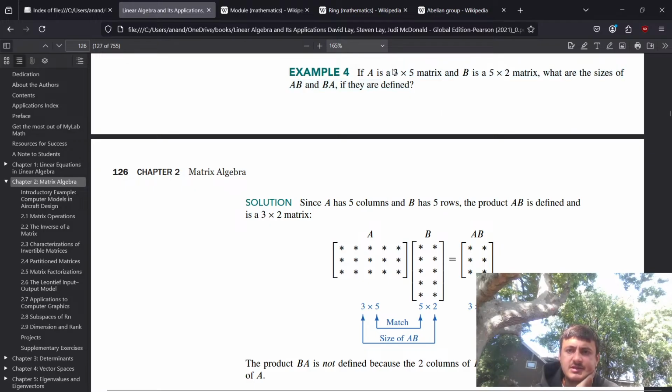Okay, so AB is going to be, I mean, I know it's 3 by 2, but I'm trying to think about it like 3 by 5, and this is 5 by 2.